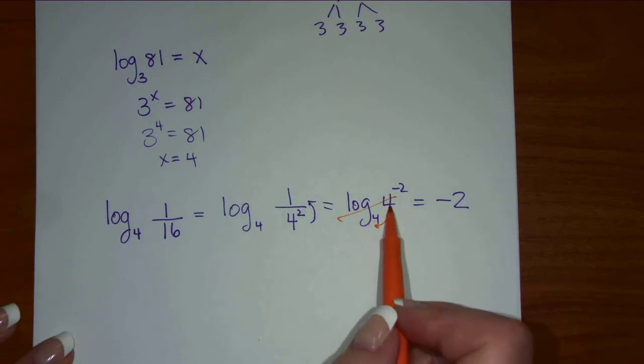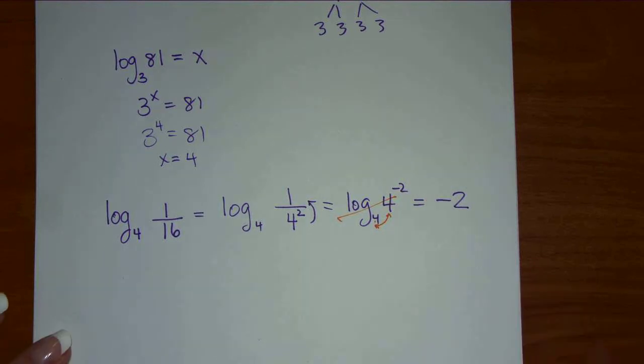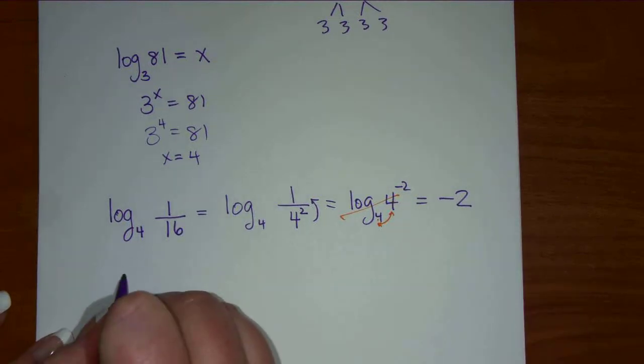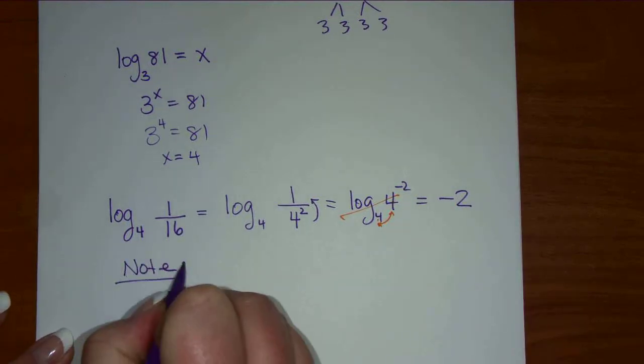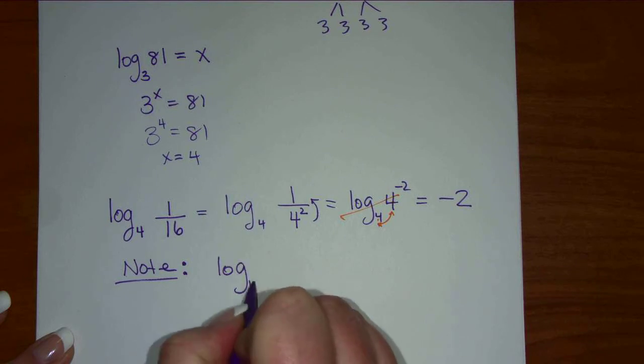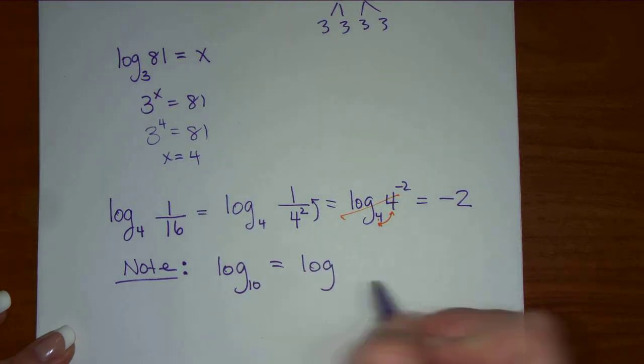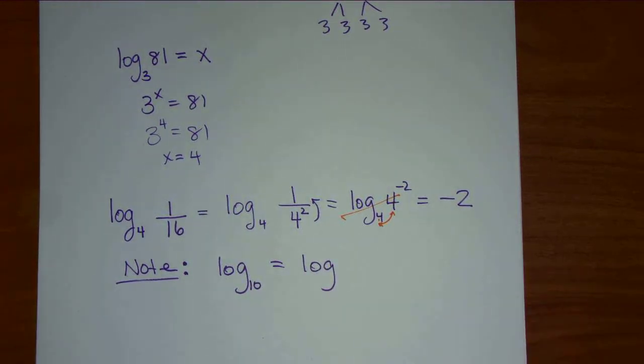So, note, log base 10 is written as log with no base. So the base isn't shown. What about the square root? We don't show what root it is. 2. Square root with a 2 here is written as just a square root symbol. Right? We don't put the 2. It's not wrong to put the 2.